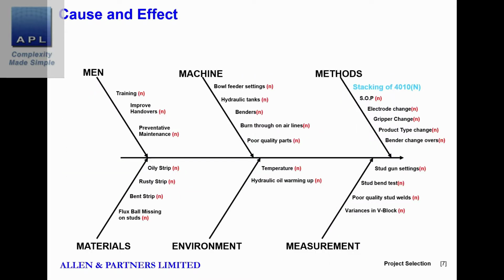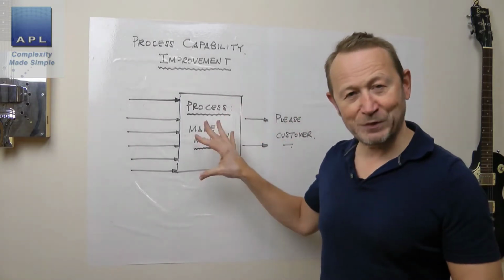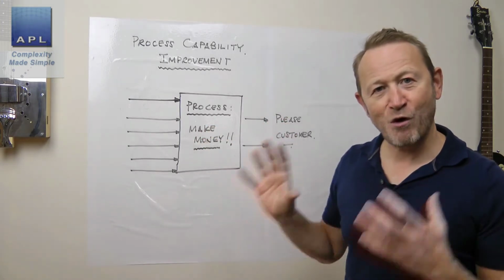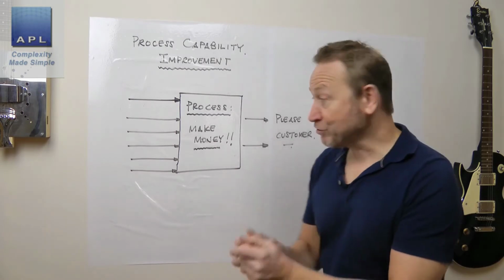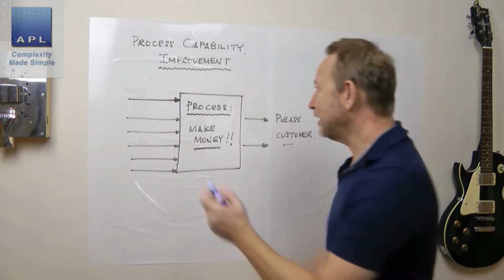So once they've gone through process flow, cause and effect. Now what are they doing here? Well, of course, what they're doing is they're trying to replicate this picture right here. So what we've got is a cause and effect diagram. All the items on the cause and effect diagram are inputs to the process. Really important.